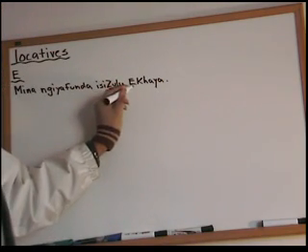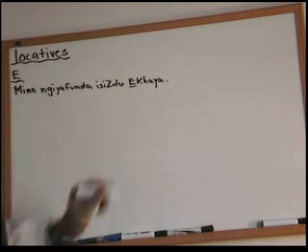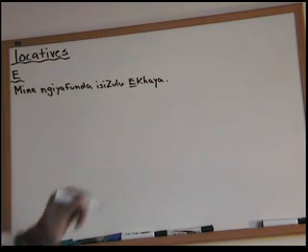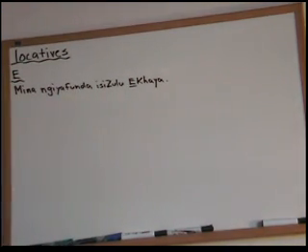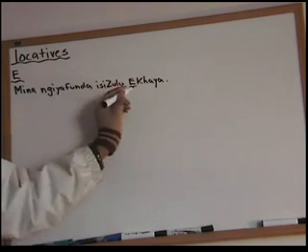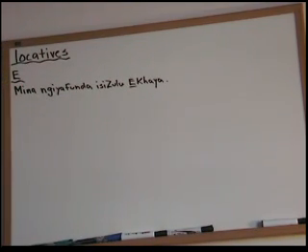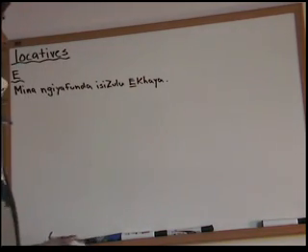And as you can see here, you see the e here. That's the locative preposition. So that's how that works. You see the e here in the house. So basically, that's the preposition for in or at.